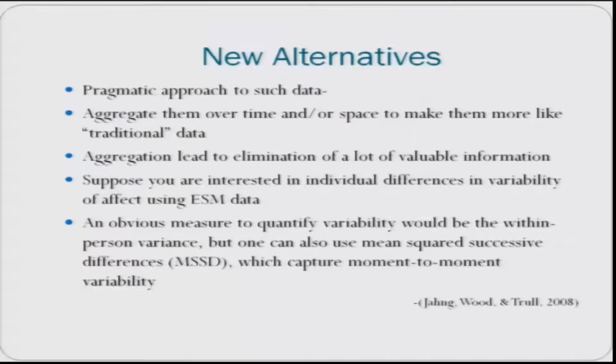So, I have a big problem, because the same item has given multiple scores now. If I aggregate them, then again it gives me traditional data, but I lose certain things. So, aggregation leads to elimination of certain valuable information.